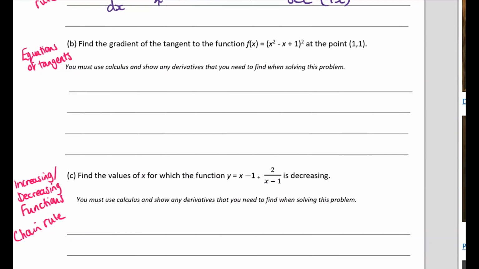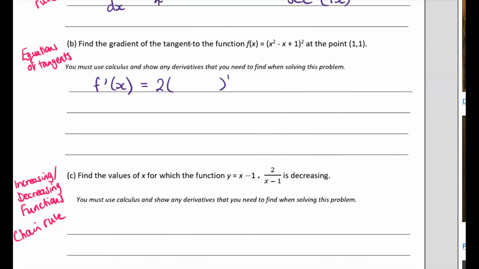For part B, we want to find the gradient of the tangent to the function that we have of f of x here at a particular point. So we need to differentiate f of x and know that when we substitute in, we're using what we know about equations of tangents here. So f dash of x will be, we have actually got the chain rule again here, so the outside function is the bracket.